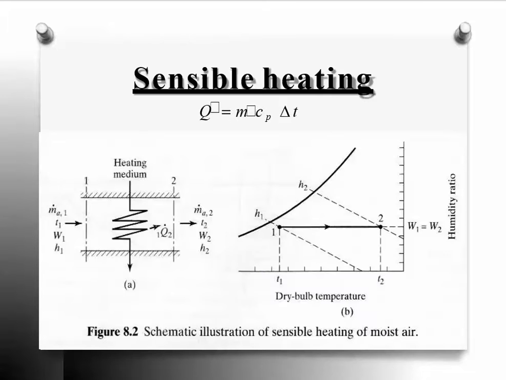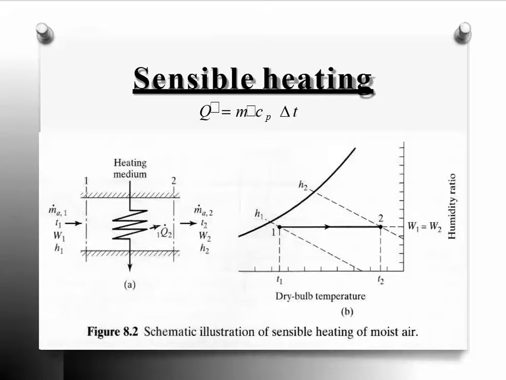It shows that the heat added from state 1 will transfer to state 2, and it will change the sensible heat. It shows the thermodynamic relation that Q is equal to m Cp dT.